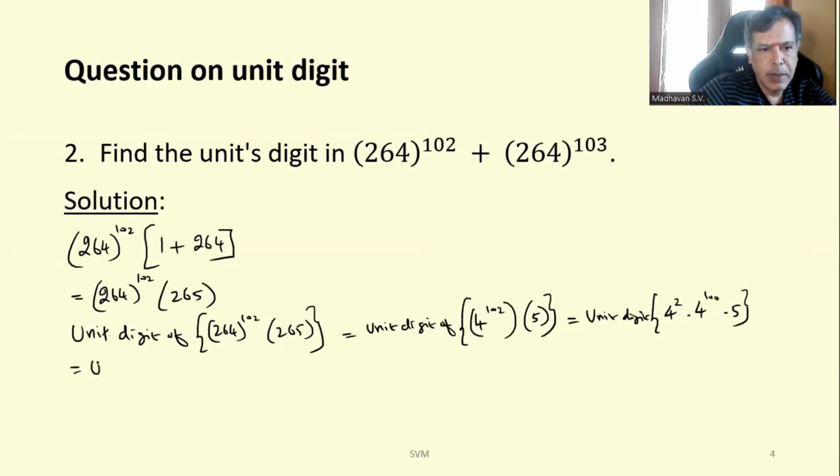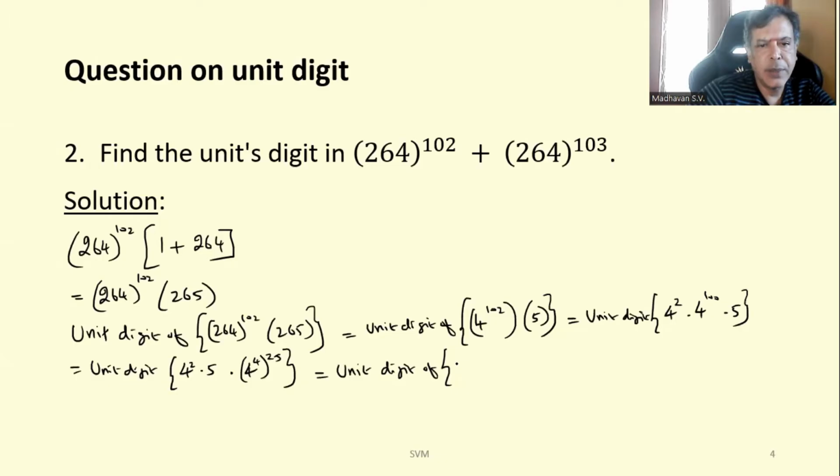So that will be the units digit of 4 square into 5 into this 4 power 100, which can be written as 4 to the power of 25 squared. The units digit of 4 square is 16.